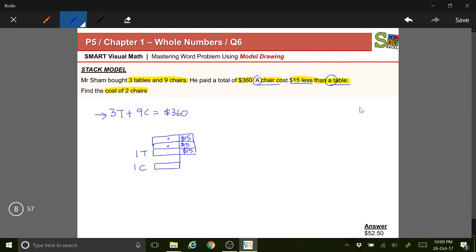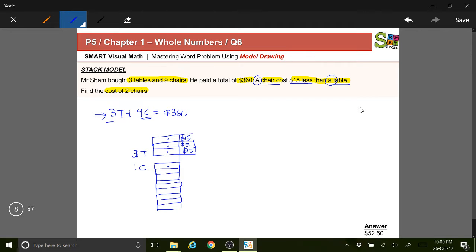Therefore this is equal. So we're going to change this. Instead of 1 table, it now becomes 3 tables as they mentioned here. The next is your 9 chairs. You add 9 chairs to this model: 1, 2 chairs, 3 chairs, 4, 5, 6, 7, 8, 9.